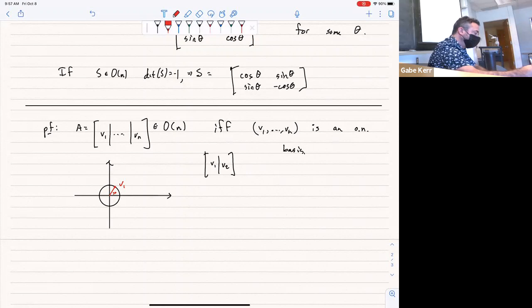So we can start to write down our matrix: cosine theta, sine theta. And we know our second vector in our column will also be on the unit circle. So it has to be somewhere else by the normal property. But we also need it to be orthogonal.